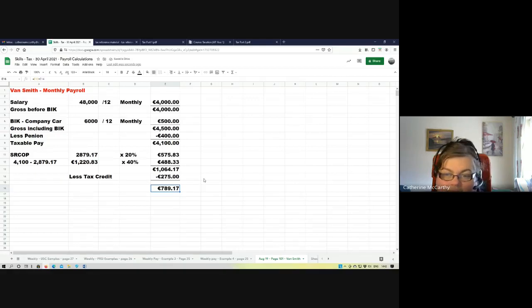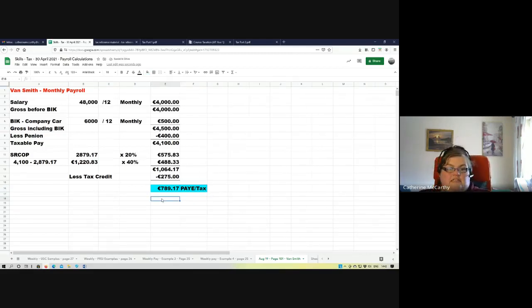And that's giving me tax, or as I said, you can call it PAYE, or tax, that is €789.17. So with your standard rate cut-off point, you get 20% on that, the balance is at 40%, add them together, then less the tax credit, and that gives us our tax of 789.17.